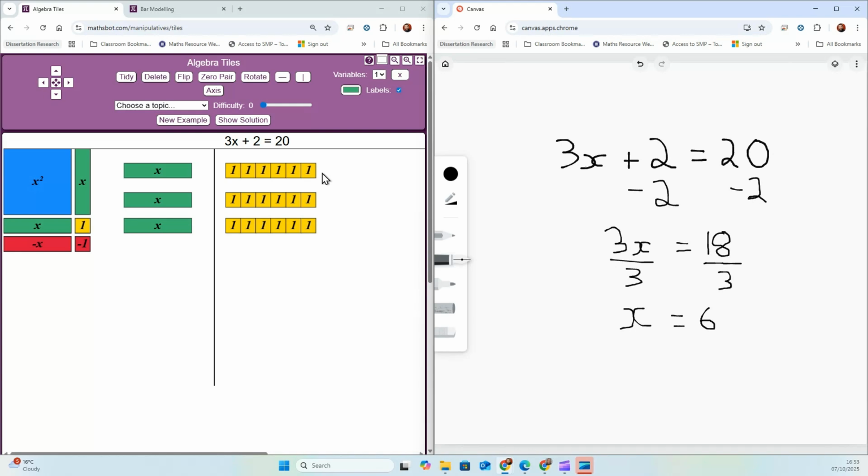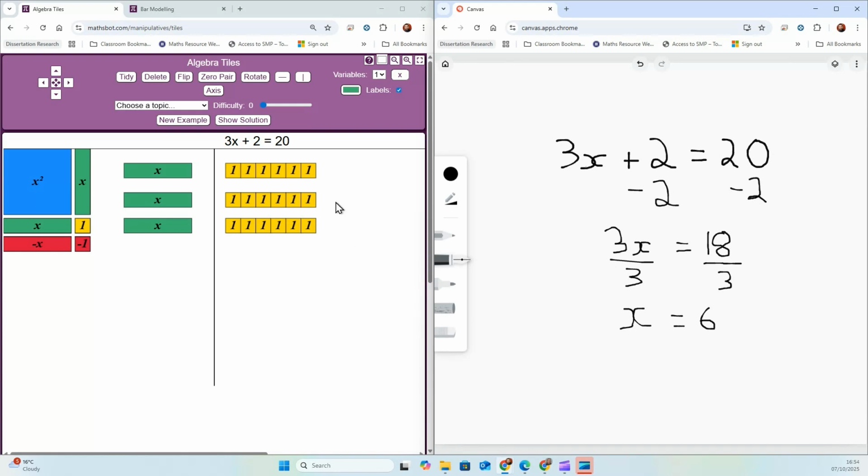You have to be told, I want these things to be equal in value. Obviously, if you're doing it on a physical balance scale, that's different because then you can tell when the things are equal. But using the tiles in this way, we have to make explicit that they're equal because it's not contained within the model.